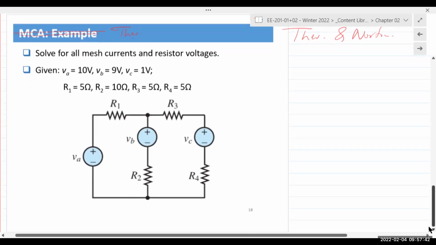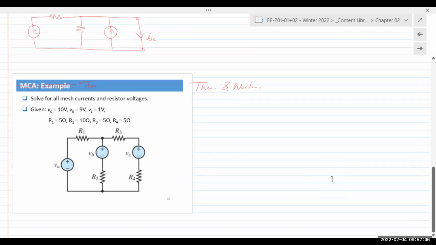All right, let's pick a component. What if I wanted to find the Thevenin equivalent circuit as seen by VC, the voltage source VC? So you're looking at a slightly complex circuit. Let's make it crazy enough.